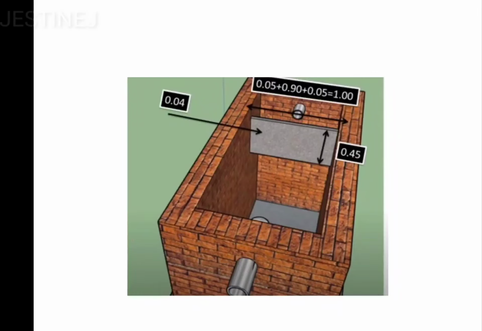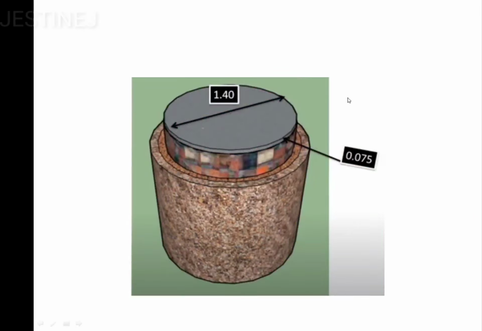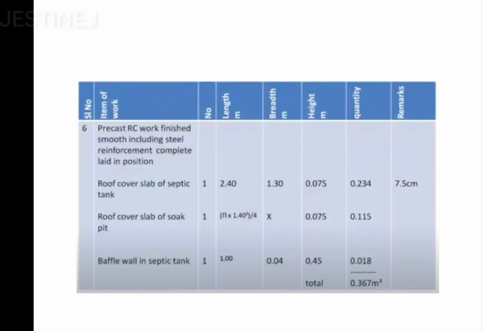Thickness is provided 0.04 or 4 centimeter. Then the length is going to be 90 plus 5 plus 5, 100 centimeter or 1 meter. This is the case for covering of soak pit, 1.4 diameter, and the thickness also provided in the question, that is 7.5 centimeter or 0.075.